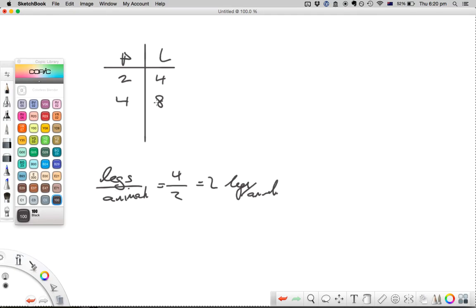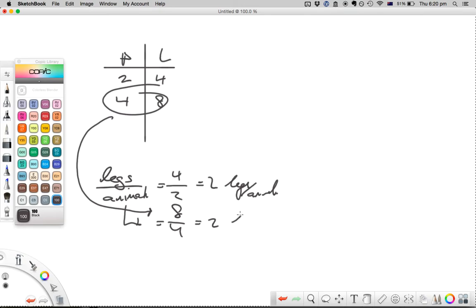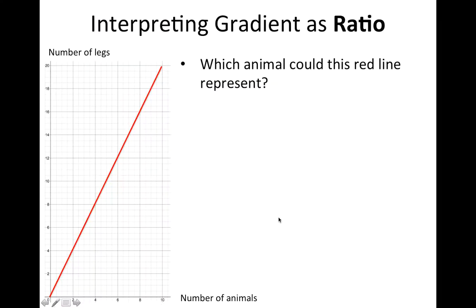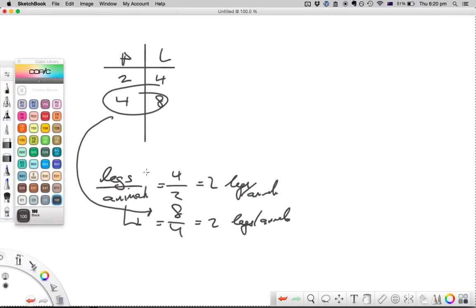Or alternatively, we could use this set of numbers and say legs per animal equals 8 over 4, which also gives us 2 legs per animal. So this is an example of gradient as a ratio. For every one animal, we've got 2 legs.